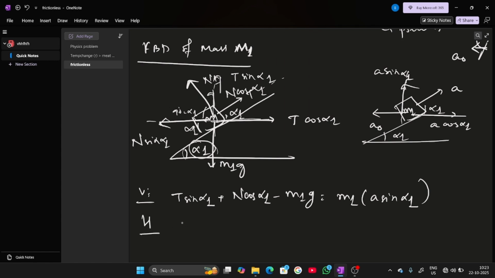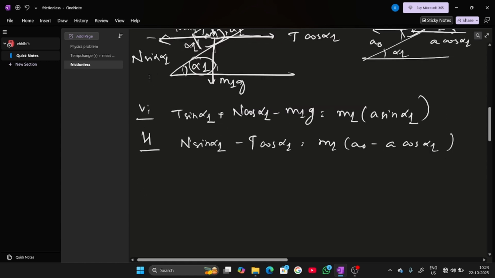Horizontal equation: N sin alpha 1 minus T cos alpha 1 is M1 times (A naught minus A cos alpha 1). Let's say this is equation 1, this is equation 2.